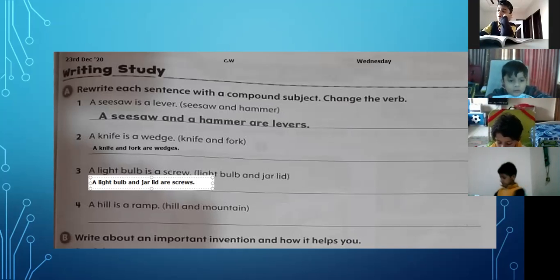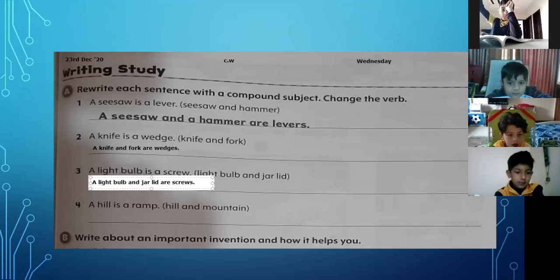Then of course the whole sentence would be changed. So how would you make it? Sorry, Abdul Hadi Junaid, unmute yourself. A hill is a ramp. So bracket words are hill and mountain. How would you answer me, please? What would be the sentence?